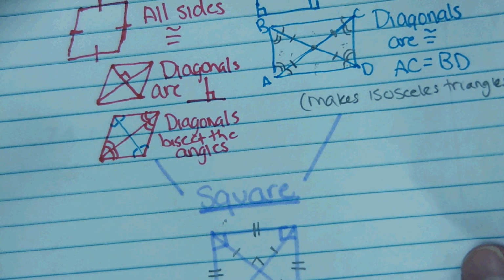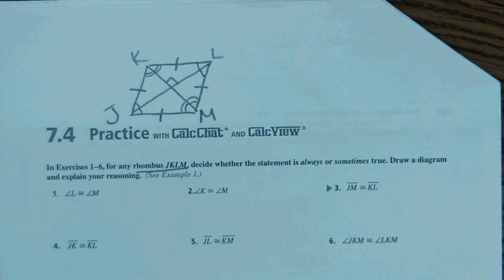Okay, and then based on the family tree, something to also note is that a square is also a rhombus.